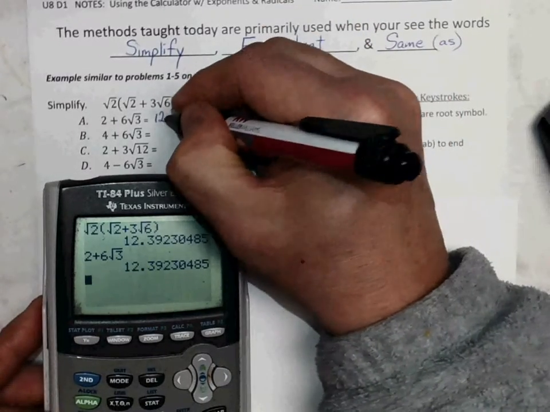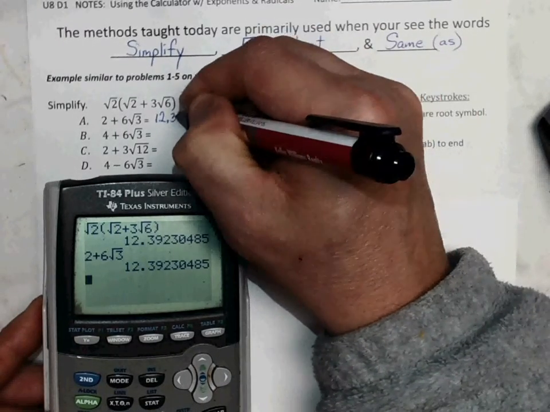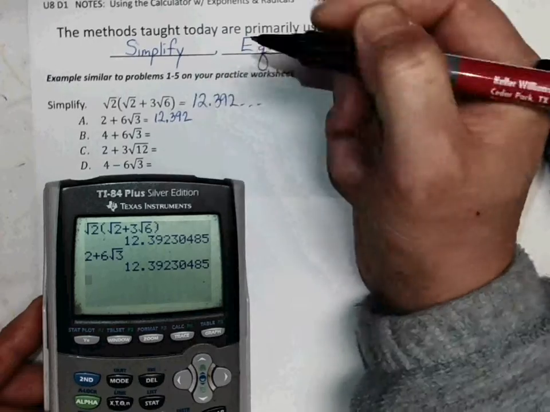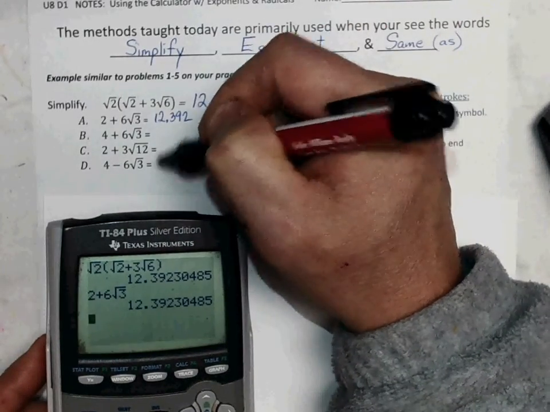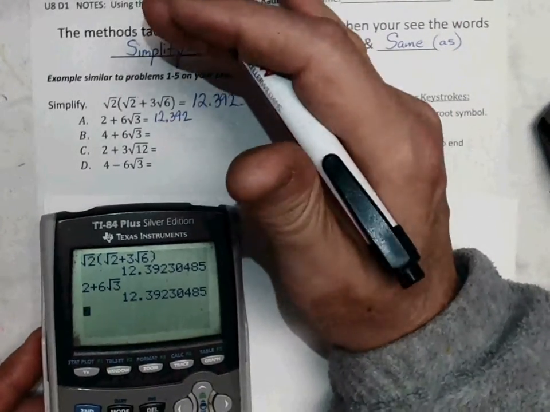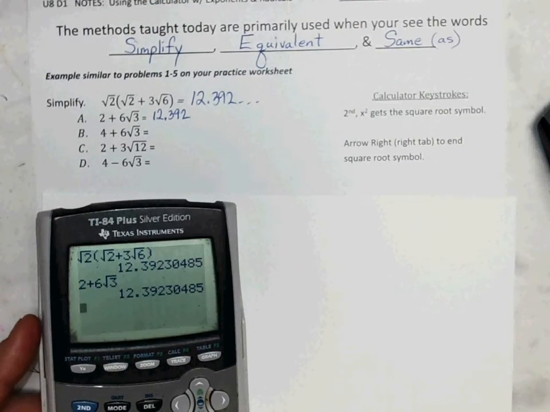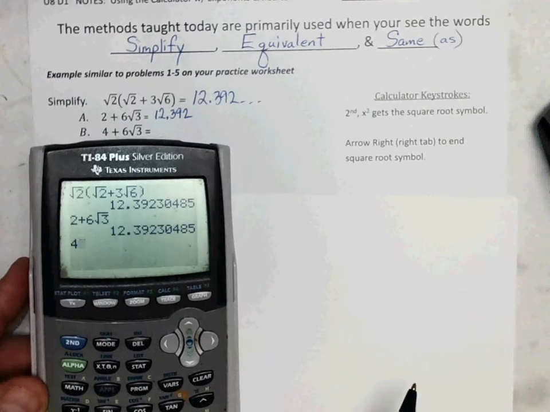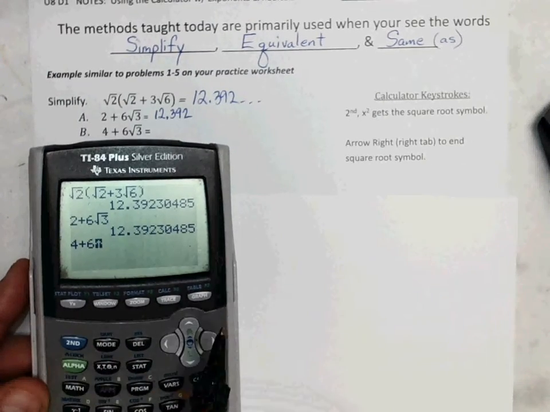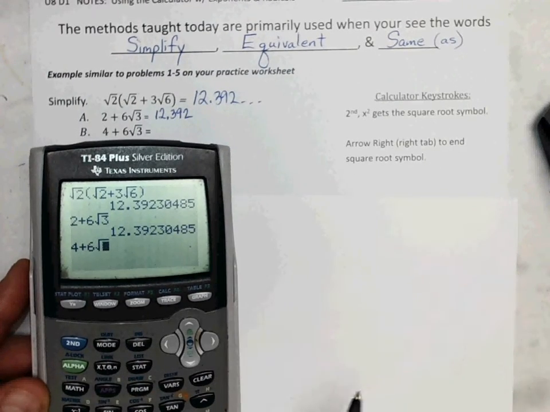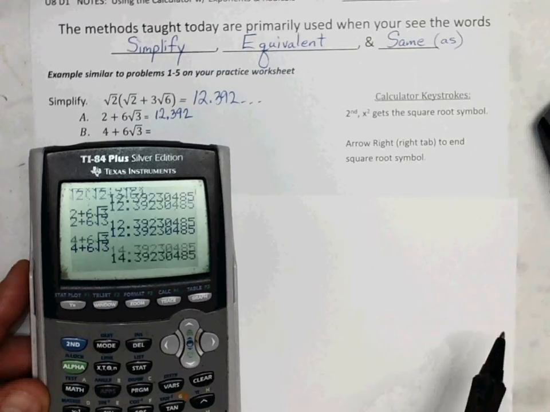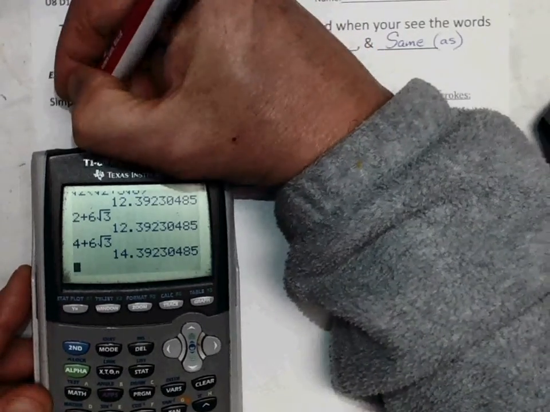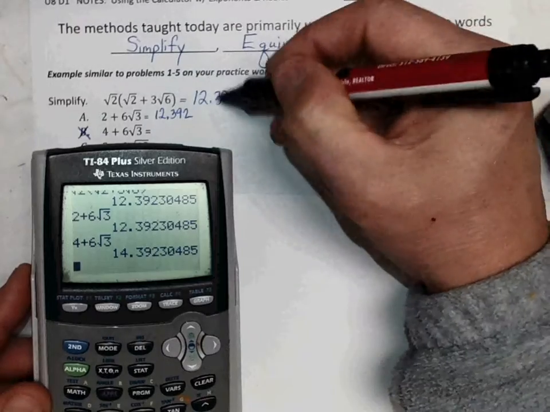But I want you to check all your answers because they may throw you a curveball here. So I'm going to check B. So I've got 4 plus 6 times the square root of 3. Tab out of that. Okay, so we know it's not B because it's not the same number as 12.392.